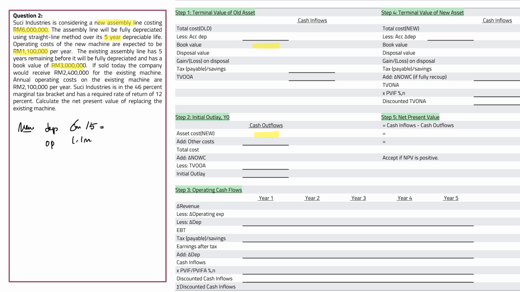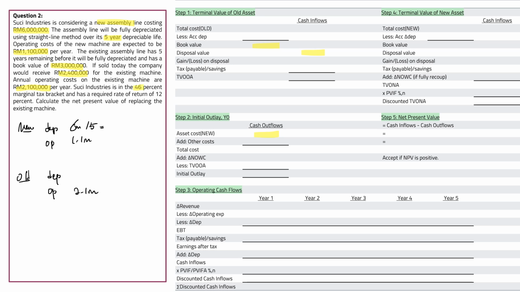If sold today, the company would receive 2.4 million. So this is the disposal value. Annual operating cost on the existing machine is 2.1 million. So let's write that down. Old machine, the depreciation, we're not sure yet. The operating expense is going to be 2.1 million.